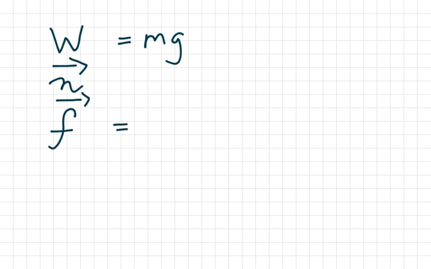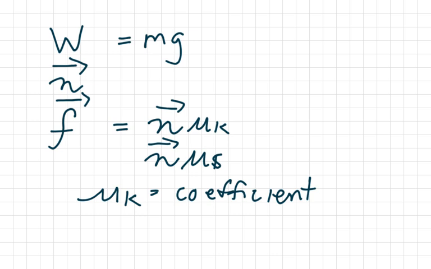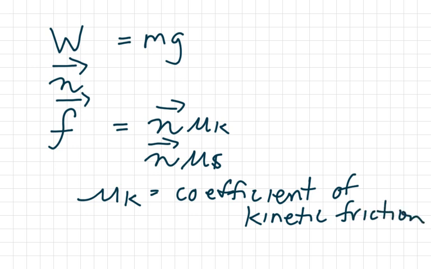The frictional force is, by definition, equal to the normal force times mu, either K or S. Mu K is the coefficient of kinetic friction, whereas mu S is the coefficient of static friction.